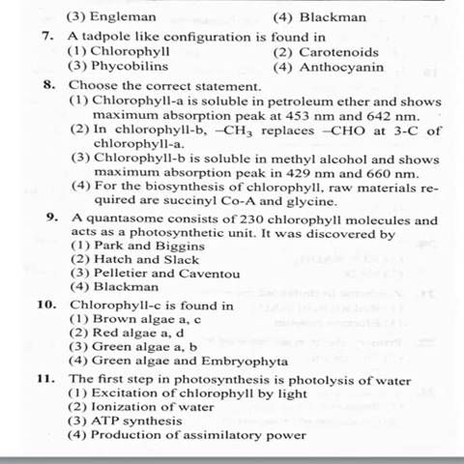So what is quantasome? It is a group of pigment molecules required for carrying out photochemical reaction. These are situated as small units on the membranes of thylakoid. Each quantasome consists of about 230 chlorophyll molecules, carotenoids, quinone compounds, sulfolipids, phospholipids, proteins, etc.